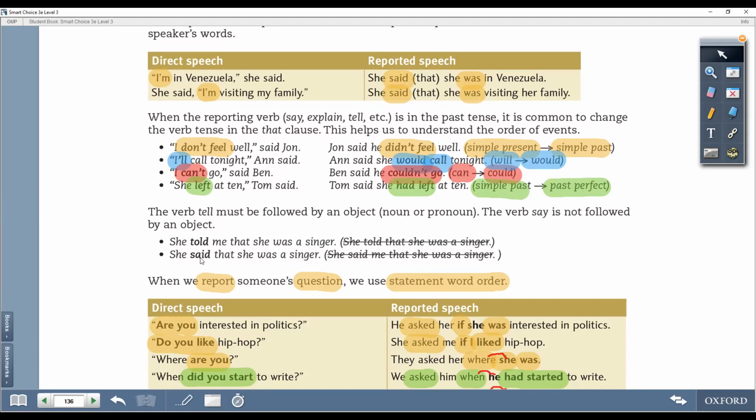And here, with the verb say, we don't use a pronoun after that. So we say, she said that she was a singer. Or I can also say, she said she was a singer, without that. So when I use the verb tell, I must remember that after that, I have to use a noun or a pronoun.